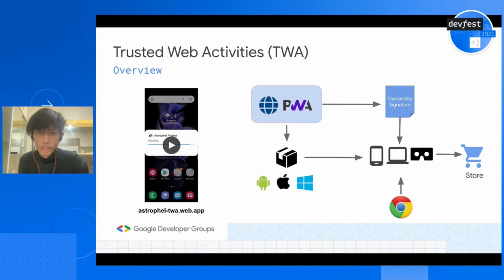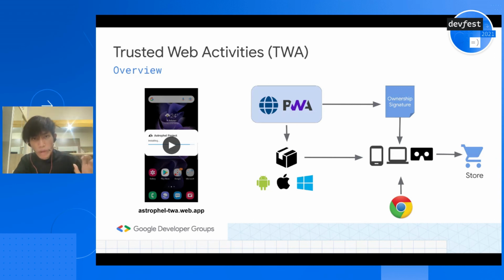So when we have this ownership and we build a TWA, when we open the TWA, the header or banner will be gone. It will be really like a full screen TWA application and act like a native one. As we can see in here, there's a Chrome. This Chrome is really important because it is the base of the TWA.